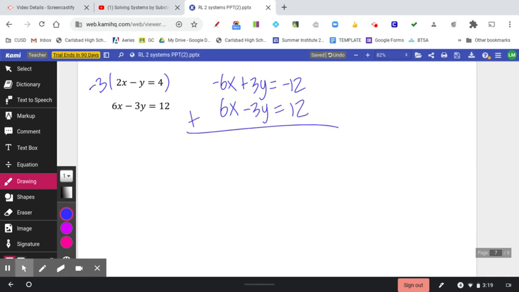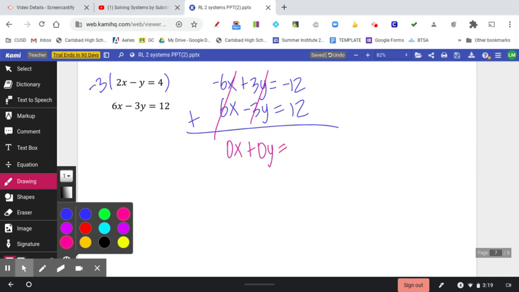Add these together. All right, -6x plus 6x, 0x. Right, we're using elimination. 3y minus 3y, eliminated, plus 0y. -12 plus 12, eliminated, equals 0. If we get 0 equals 0, right, this is true. That makes sense. This is going to be one of those cases where we have an infinite number of solutions.